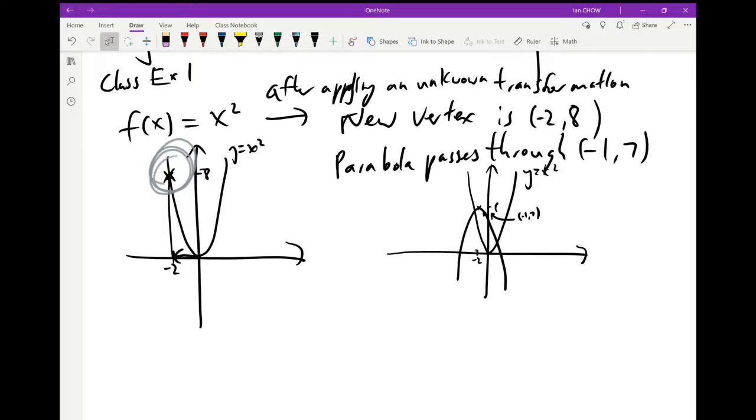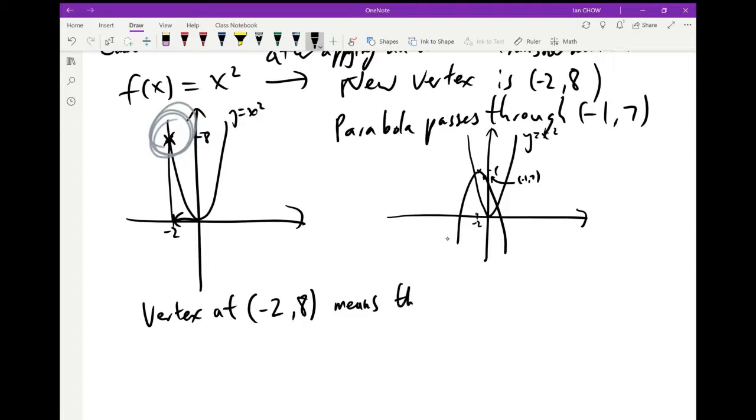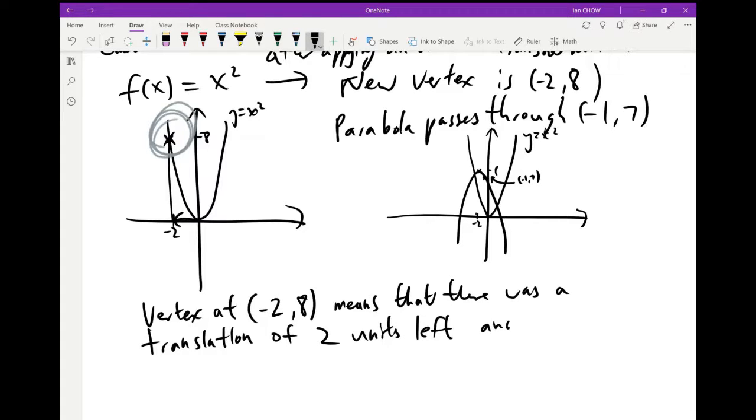So if you look at it, our vertex is at negative 2, 8, which means that there was a translation of 2 units left and 8 units up.